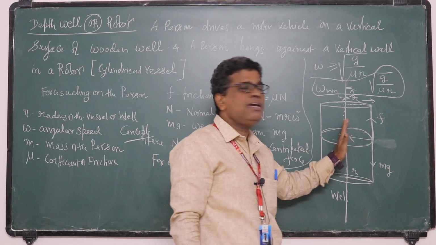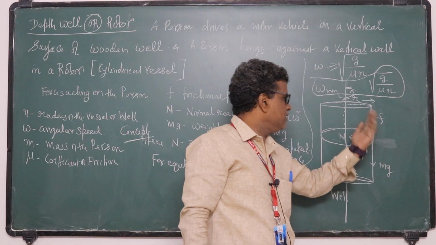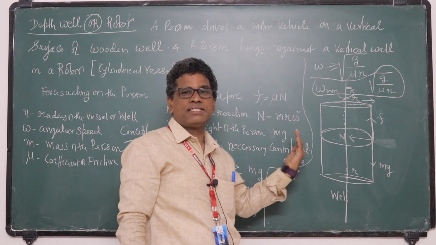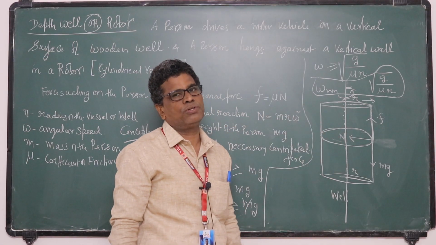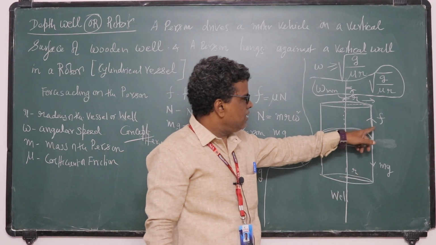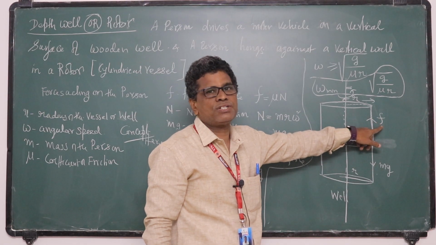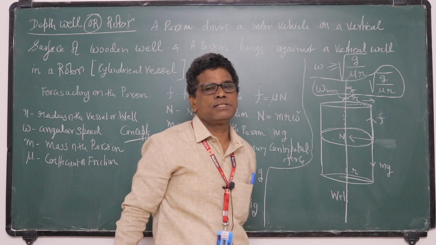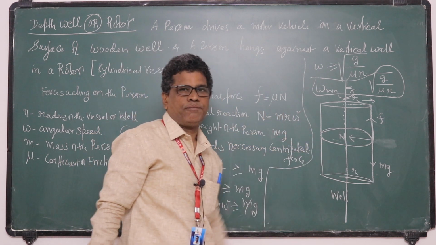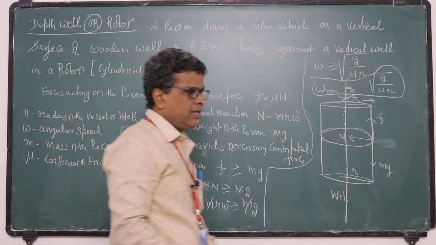That means he exerts a certain force on these walls. The wall in turn exerts a certain force N, that will provide the necessary centripetal force. Here the weight of the person balances with the frictional force. Clear? The concept is the same for both applications. Okay, take this. Next application.